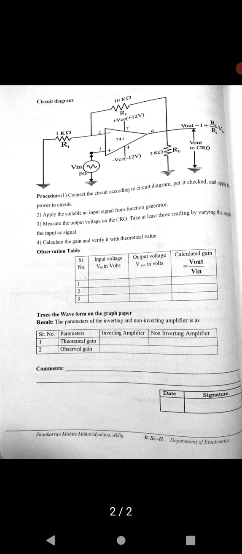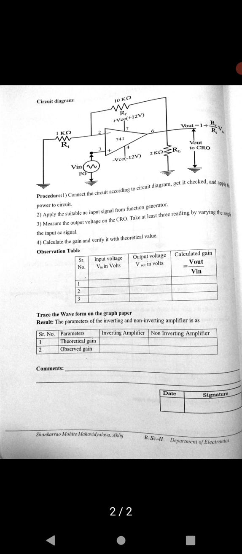Across this resistor we observe the output waveforms on a CRO. That means the output voltage Vout is equal to 1 plus RF upon RI into the input voltage Vin. Here also the positive and negative power supplies are applied to pin number 7 and pin number 4 respectively.